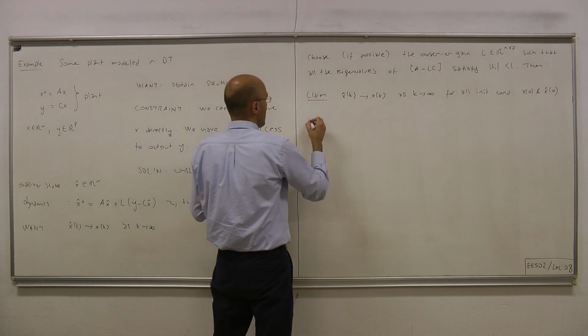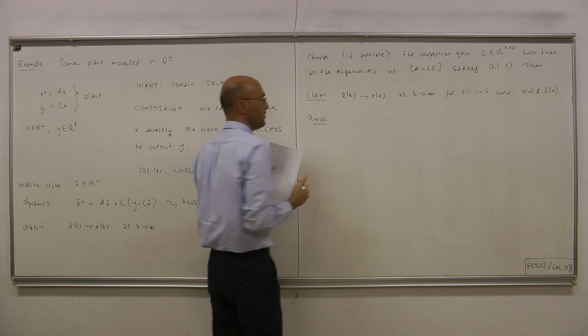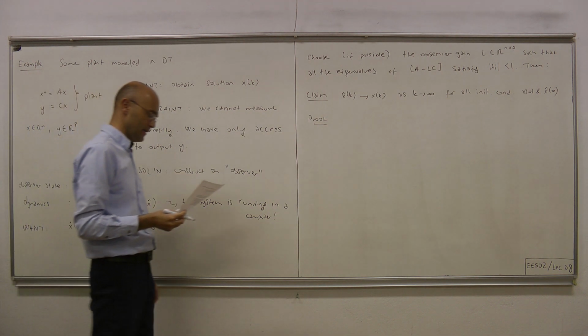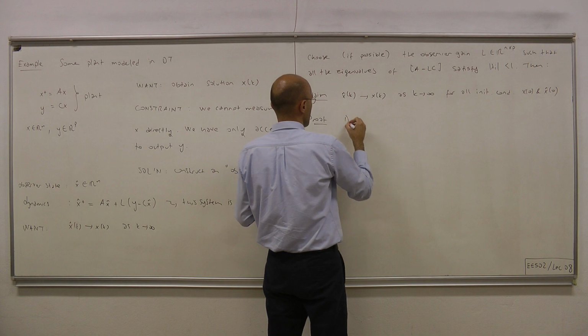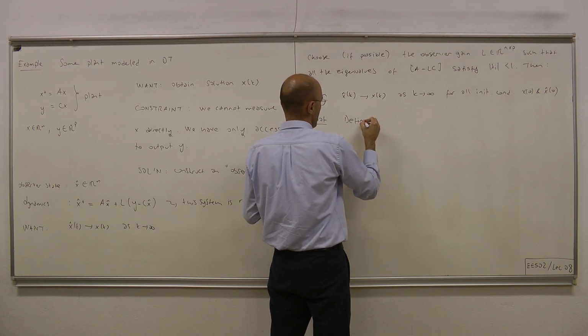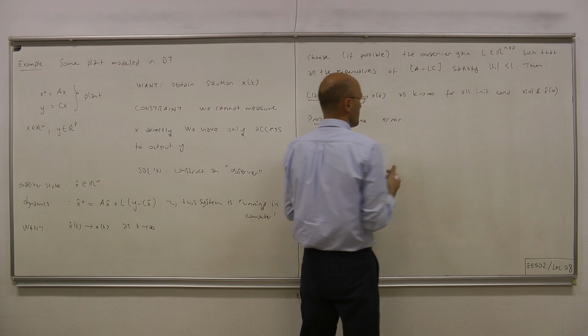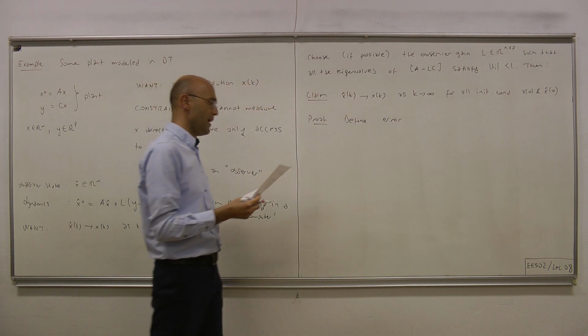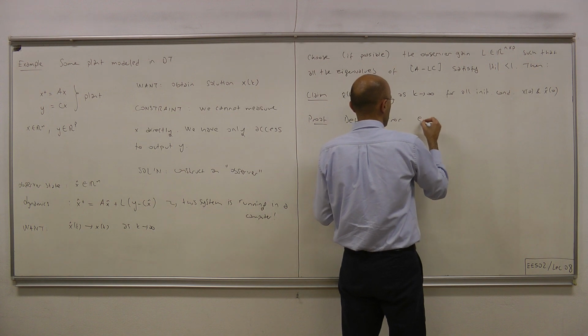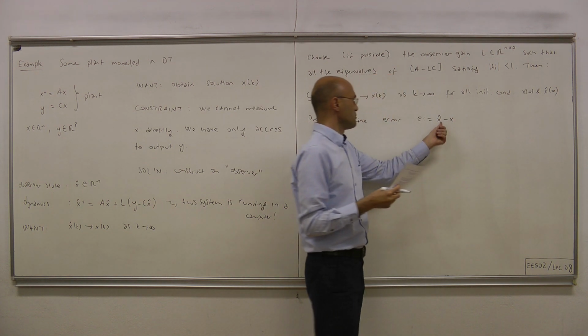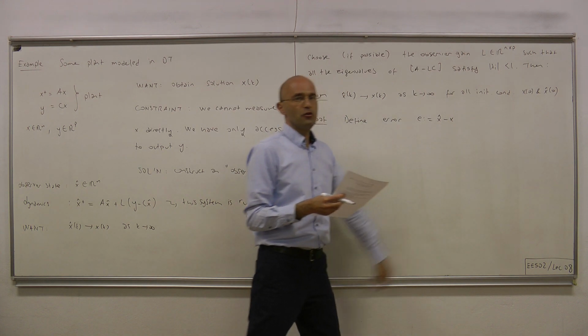Okay. Now let's prove this claim. And the proof turns out to be quite elegant. Define a new vector, which we will be calling error, understandably, because it's the difference between the estimate and the real value.